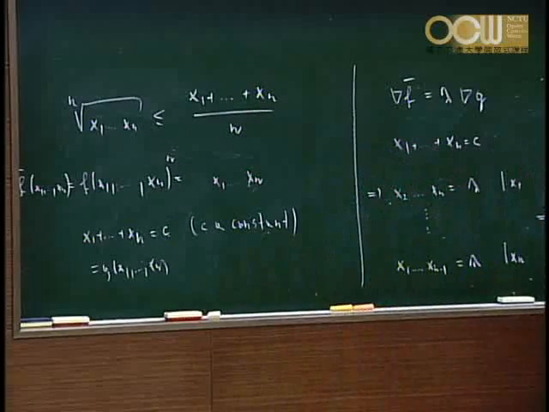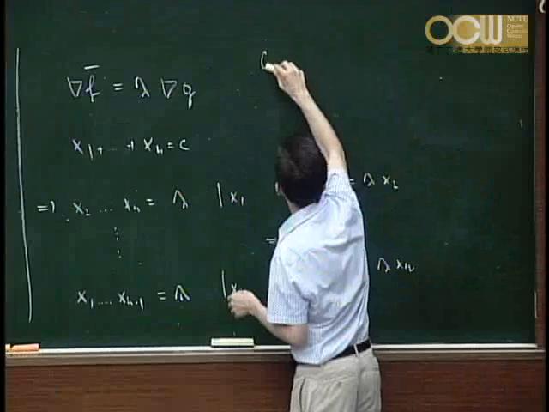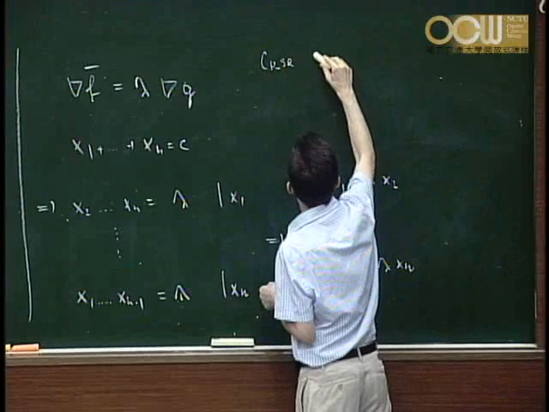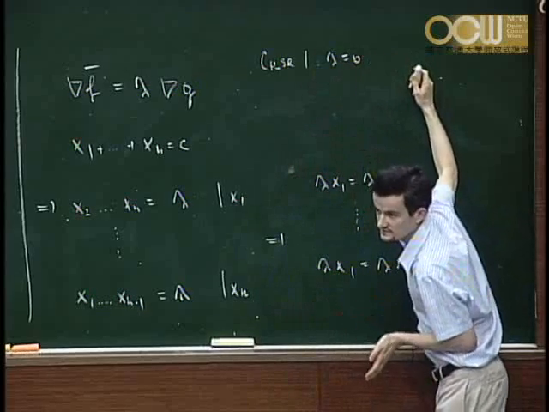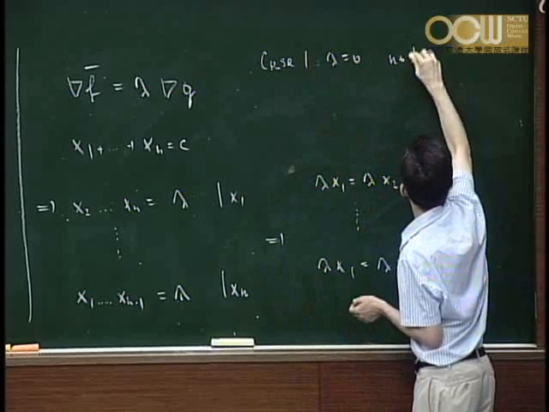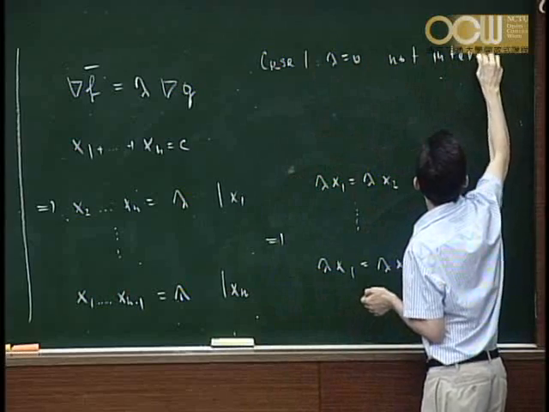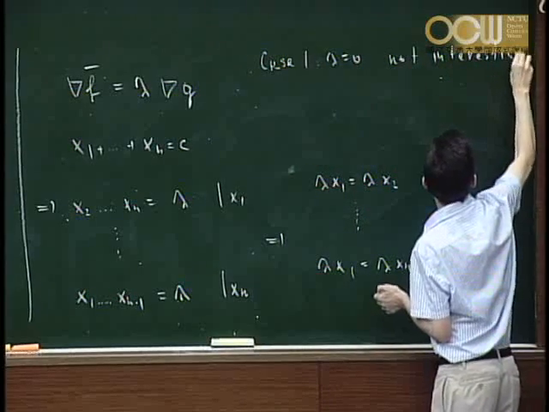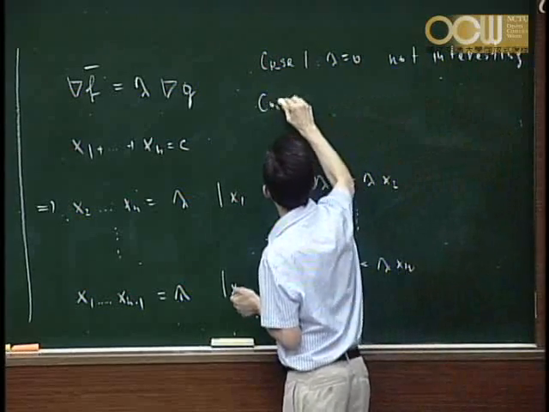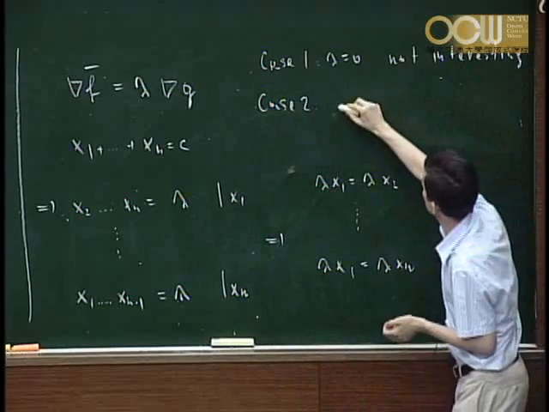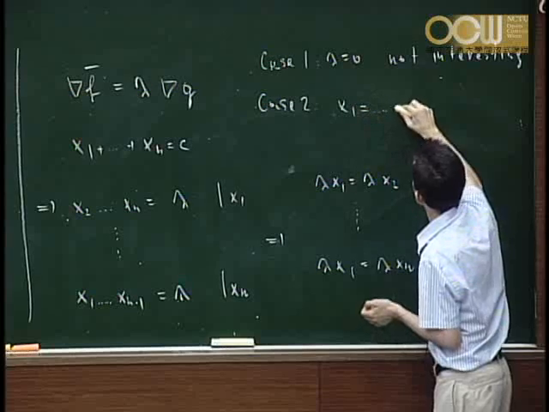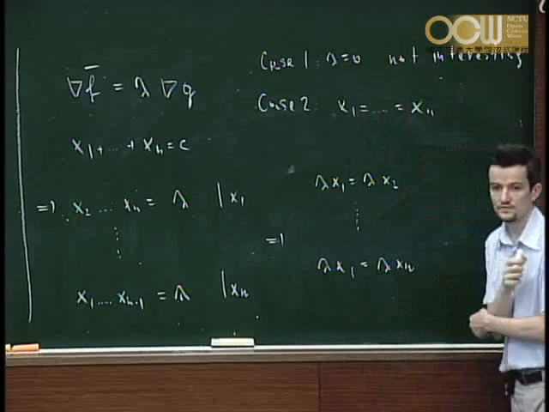But we are interested in finding this upper bound. So case one, lambda is equal to 0, is not interesting for us. Now the second case is lambda is not equal to 0, but then you get x1 is equal to xn.